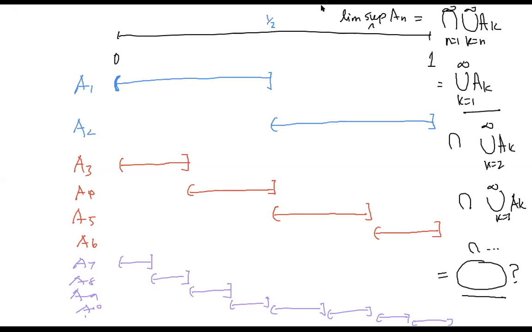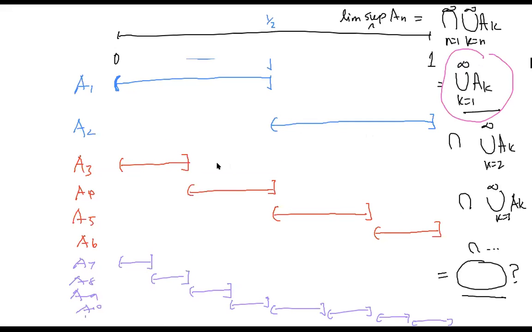Will it become an infinitely small set? Okay, you look at this thing first. What is this set? If you take the countable union of A_k, what will you get? Empty set?